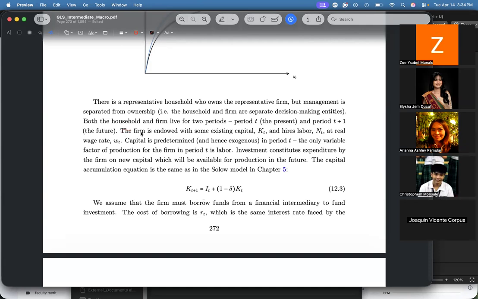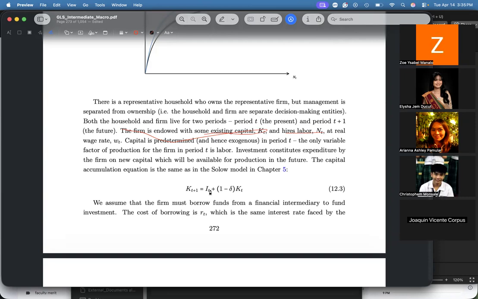Note that the firm is endowed with some existing capital K_T. So by the time period T comes around, that is the present, you have inherited essentially some existing capital stock K_T. In period T, you don't do anything about capital stock. That's what you've got. Okay. But in period T, you get to decide how much labor you want to hire. So N_T is a decision point in period T, but K_T is not.